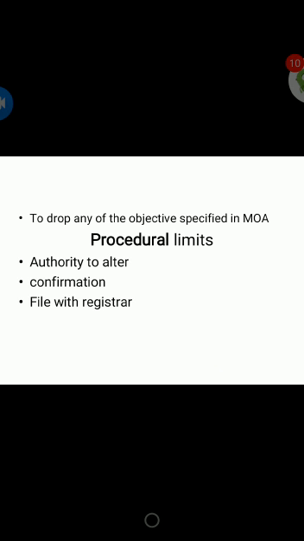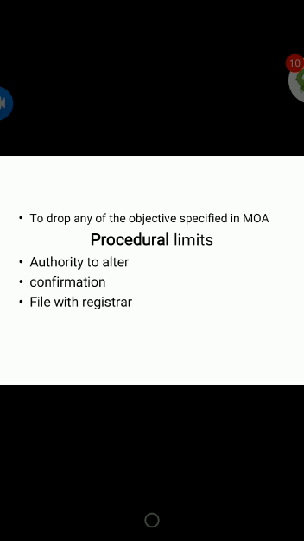Who has authority to alter? It is authorized only by the members, in a special resolution. The special resolution will be passed, and that special resolution will allow you to change it, right?